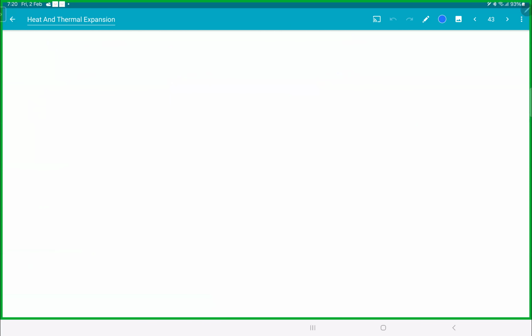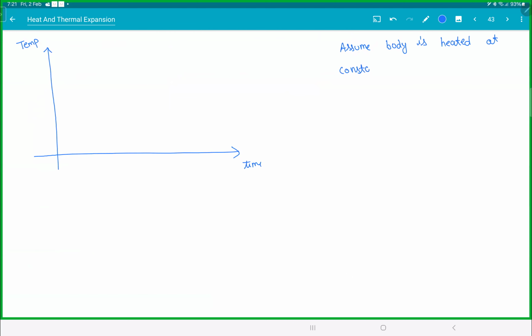Now, all these steps that we did, we can plot a graph for this. This graph is important. So if you plot a graph for the temperature of the body versus time, and you're giving heat at a continuous constant rate, this is how the graph looks.